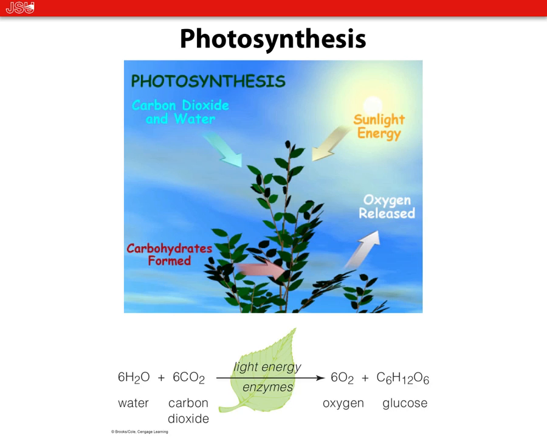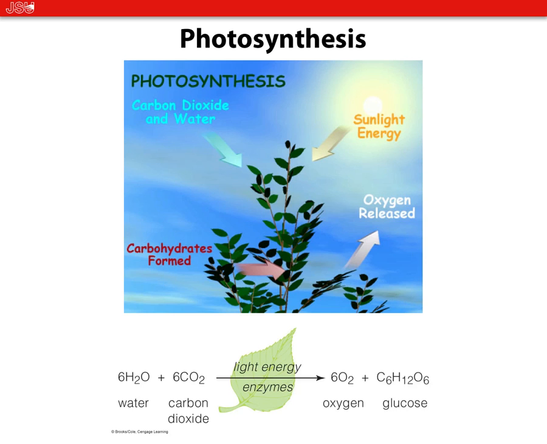Photosynthesis, this was the second day's lecture on it, and I tried to bring this picture in to make a point. You should know this. Photosynthesis, carbon dioxide and water go in. Sunlight energy goes in. What comes out? Oxygen. What's formed by combining this carbon dioxide and sunlight energy? Glucose, carbohydrates.